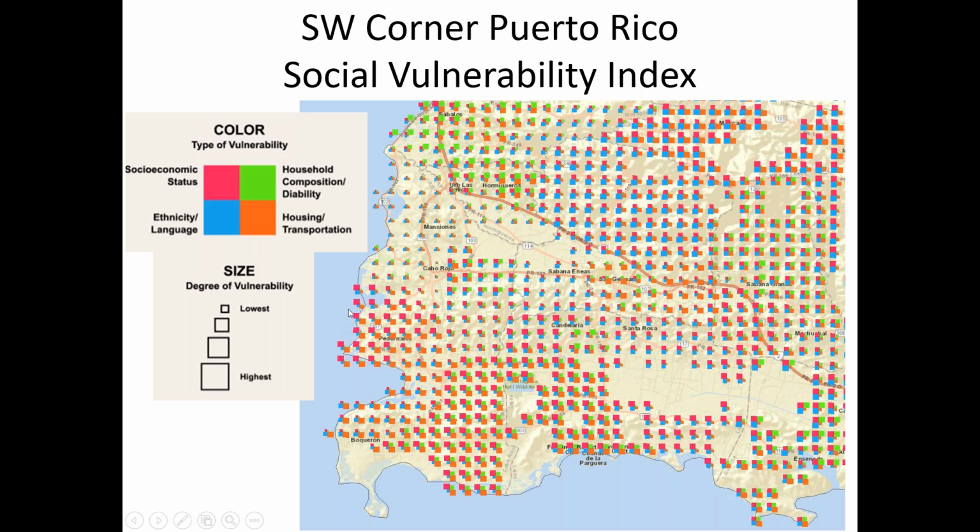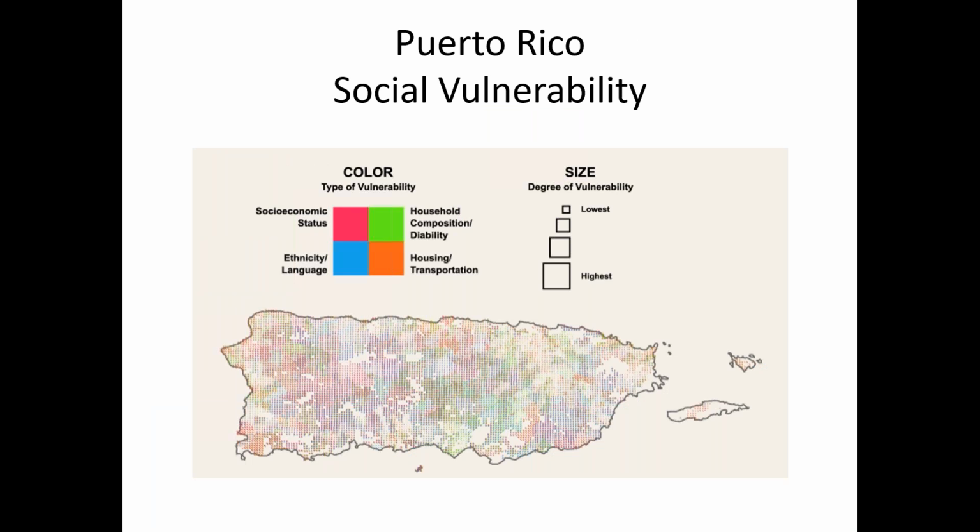And if you see a lot of red, then you know it is socioeconomic. You can get a sense of how these things interrelate at the same time, and you don't have to flip through 4 different maps. So let's go back. This is Puerto Rico, so you can see the textured look of how things are with that.